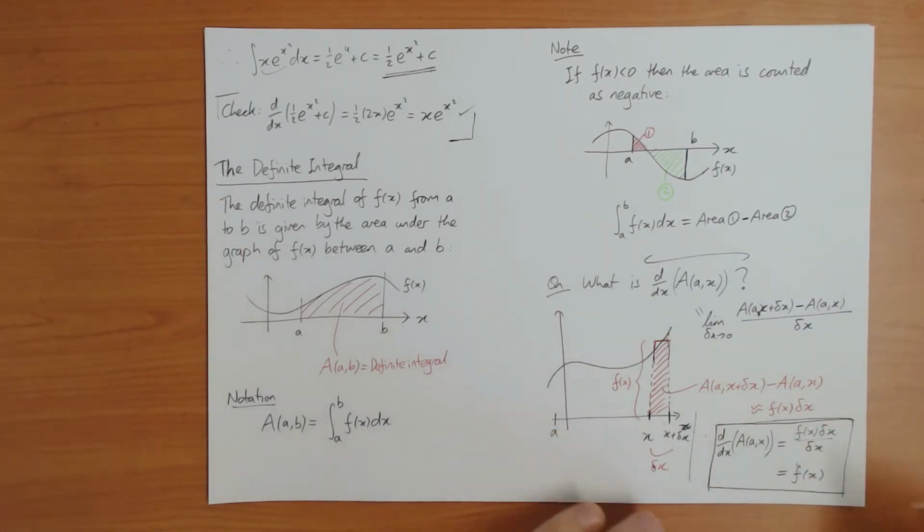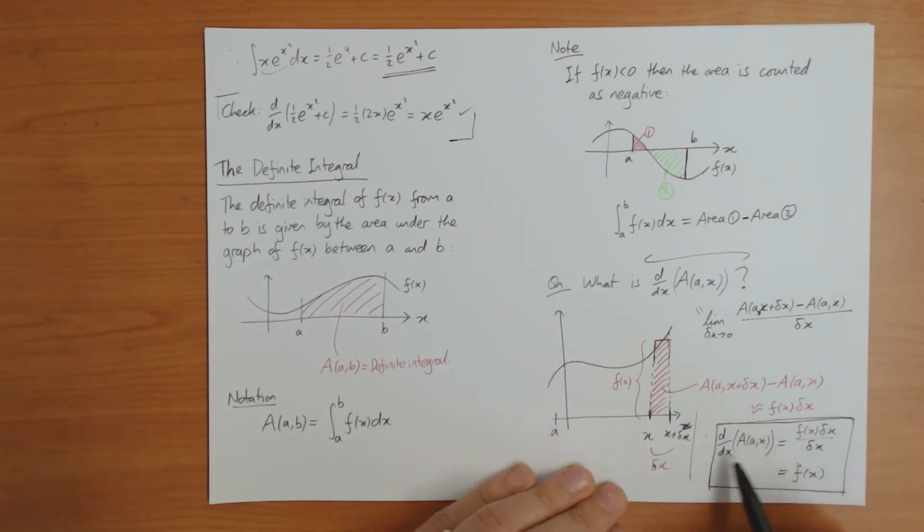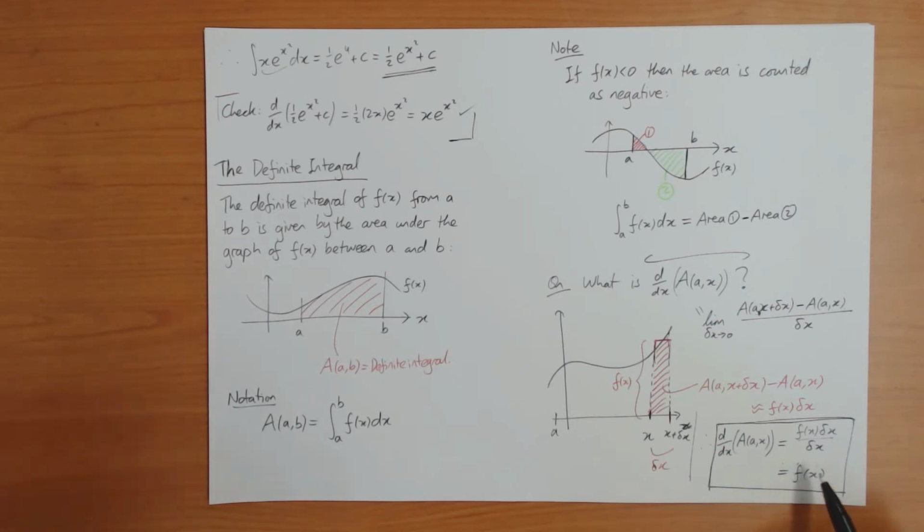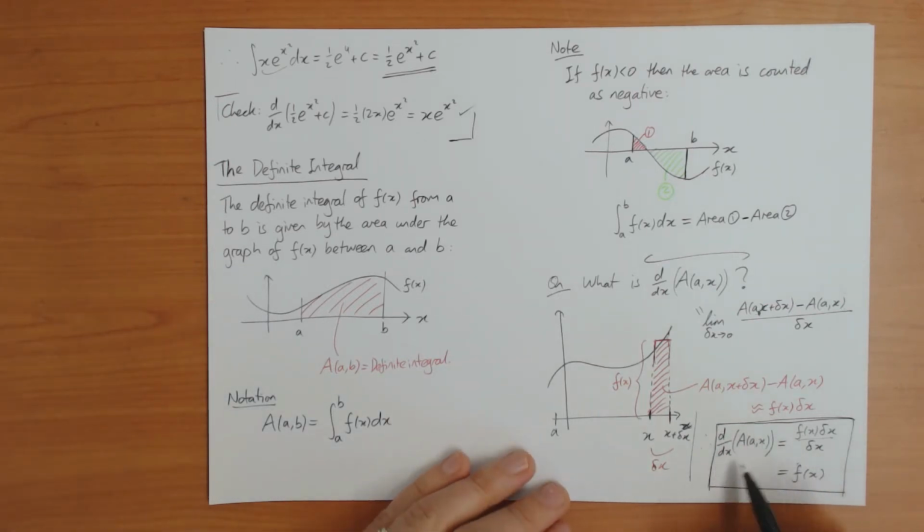Okay, so what does this mean? This means that the derivative of the area function is equal to the function that you are integrating. In other words, the area function, a of a and x, is itself an indefinite integral. In other words, you differentiate it, you get the function f of x.